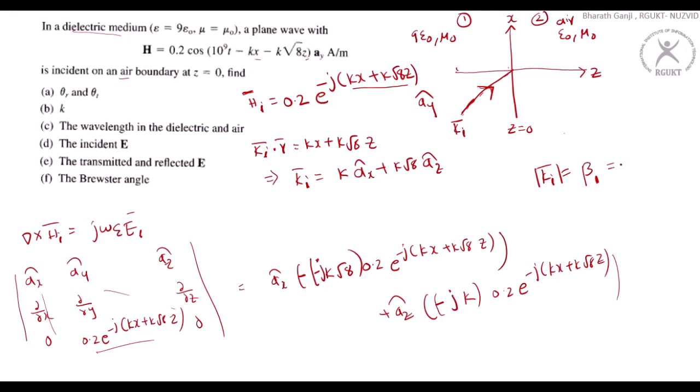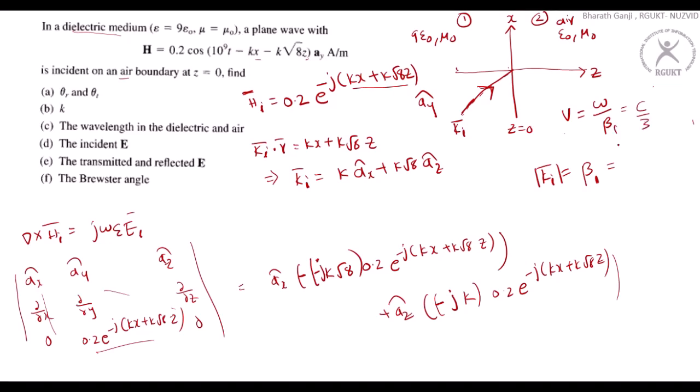The velocity of the wave in the first region is omega divided by beta, which is nothing but 1 by square root of mu into epsilon. I will write it as 1 by square root of mu naught epsilon naught times square root of mu r1 and epsilon r1. So 1 by square root of mu naught epsilon naught is c, divided by square root of mu r, and mu r is 9, square root of 9.